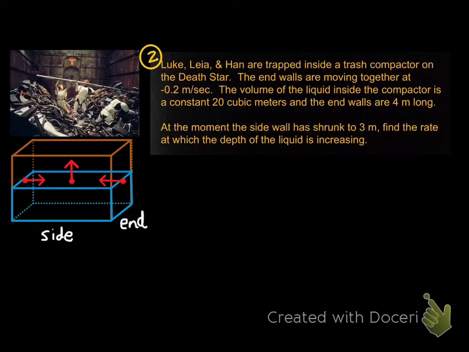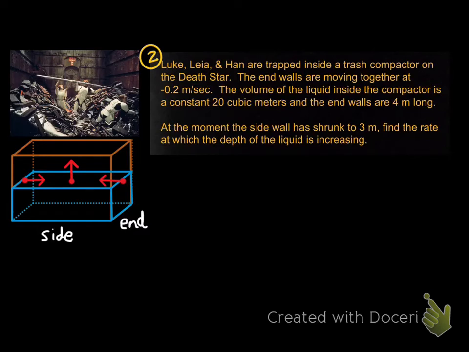Now, the end walls are not changing their length during this scenario either. The sidewall exposure will change, but the end walls are staying a constant 4 meters long. That's important. Then it continues: at the moment the sidewall has shrunk to 3 meters of exposure, find the rate at which the depth of the liquid is increasing.